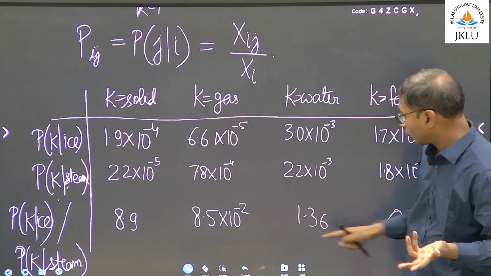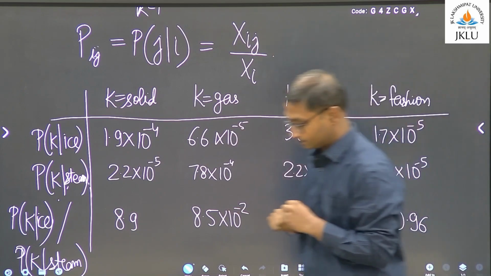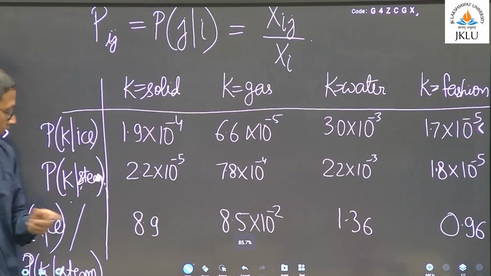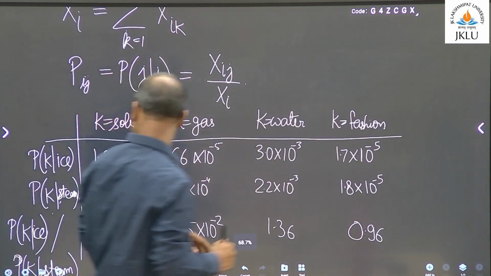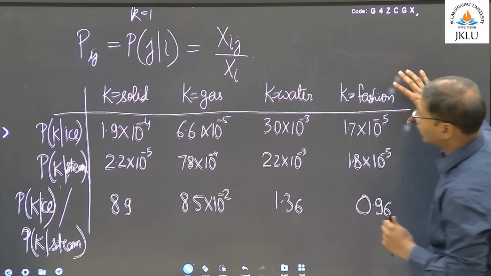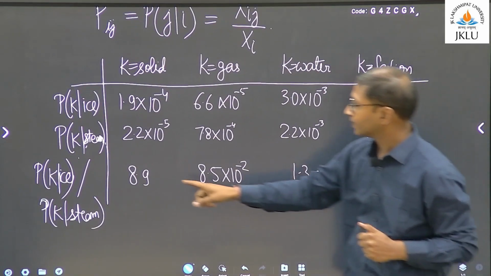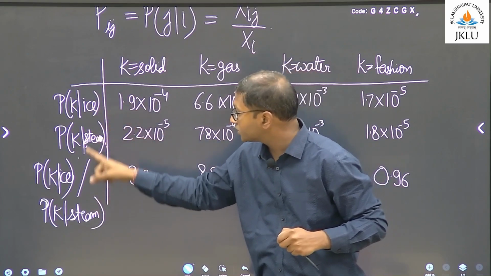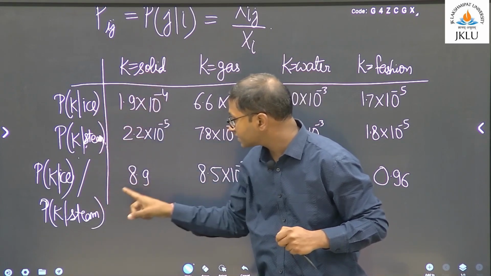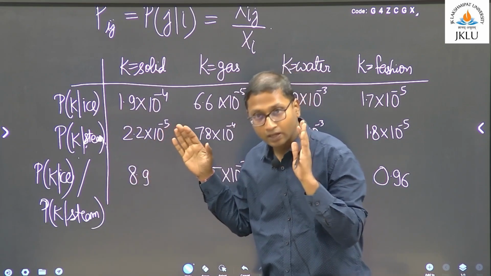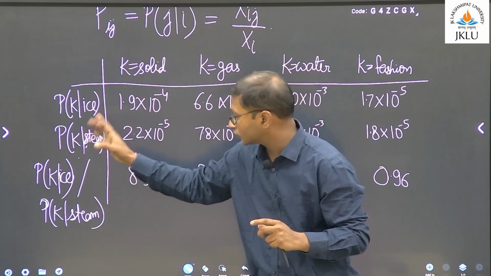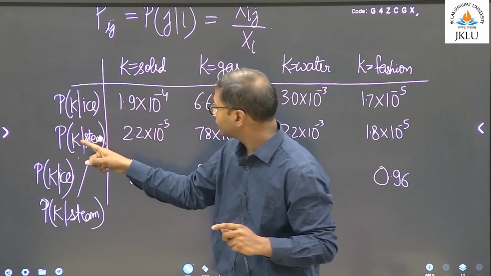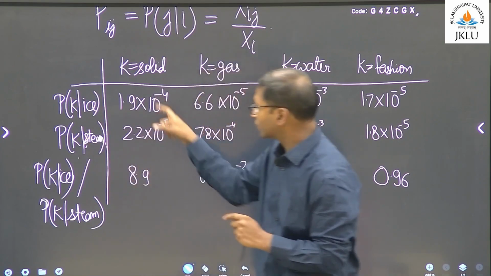Okay. Now what do you understand from these ratios? So what happened here? If you see this ratio, the ratio P of solid given ice divided by P of solid given steam is higher.